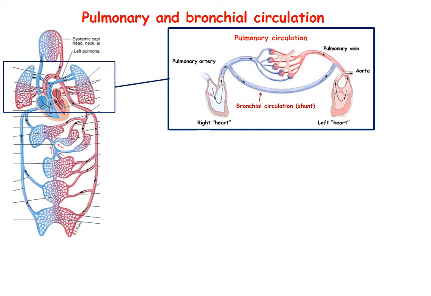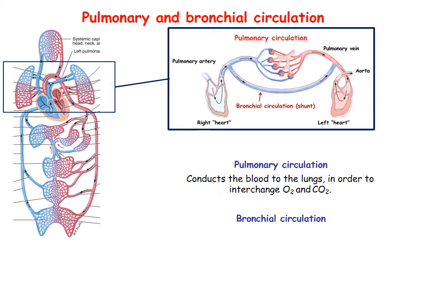We can see in the lungs there must be two different circulations, one that introduces the interchange of gases and one nutritional circulation. Thereby, we can find the pulmonary circulation and the bronchial circulation. The pulmonary circulation conducts the blood to the lungs in order to produce the gas interchange.